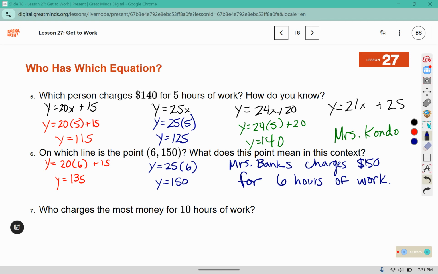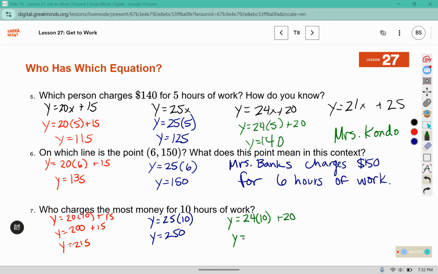Who charges the most money for 10 hours of work? If we replace x with 10 in each of these equations, we can figure out who charges the most. 20 times 10 is 200, plus 15 is 215. 25 times 10 is 250. 24 times 10 is 240.